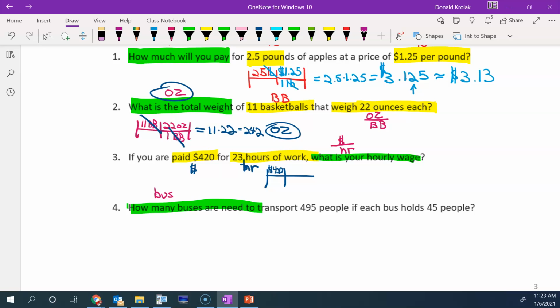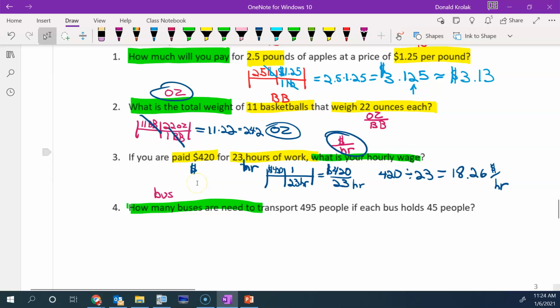I'm going to put the 23 hours on the bottom. Now, I'll have dollars over hours. So this is telling you to solve this, you're going to end up dividing. $18.26 when you round it, and then this label is going to be dollars over hours.